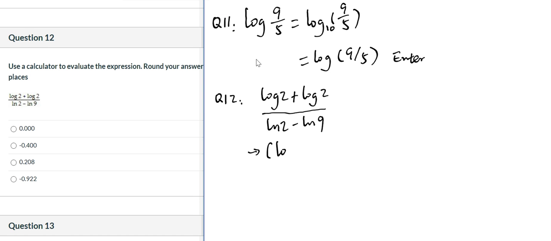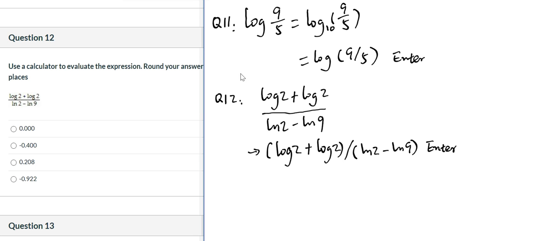That will be, log 2 plus log 2, close bracket, divided by the beginning bracket, and then natural log 2 minus the natural log 9. That's the grammar. Now you want to hit enter.